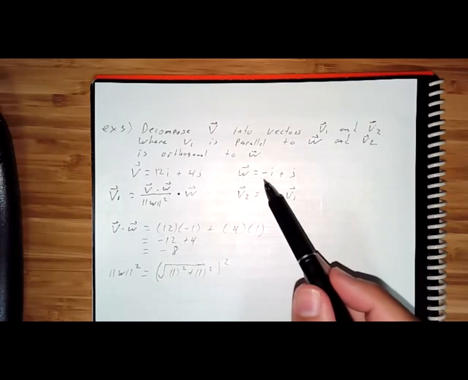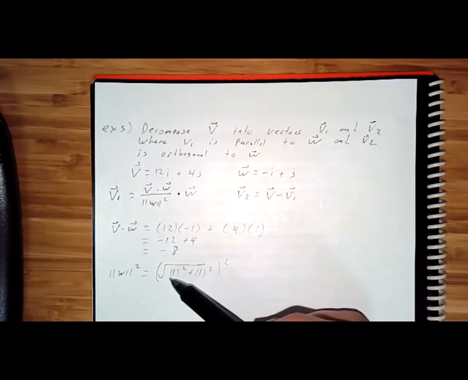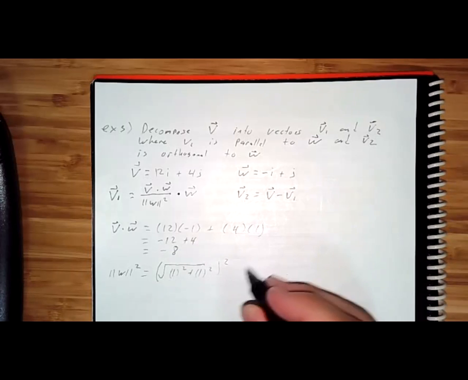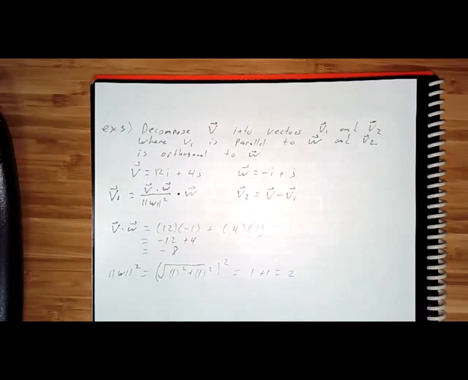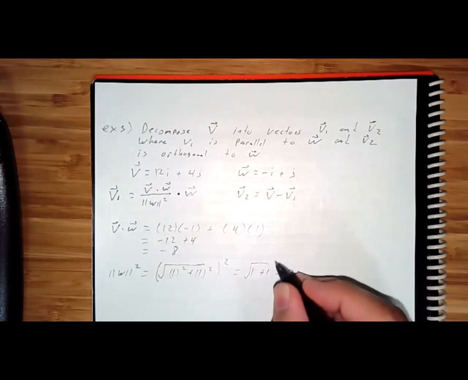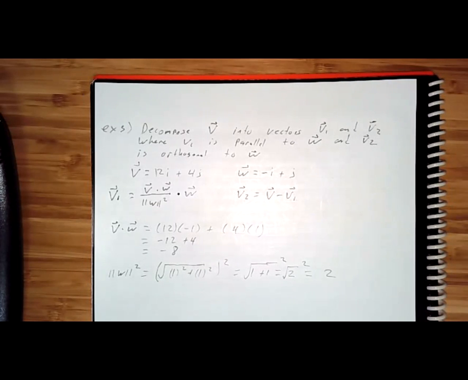And magnitude, you square each component, add them together, and square root. The square cancels the root, so we end up with just 1 plus 1. Now, if you prefer, we can show the step here. Okay, so we got everything we need.